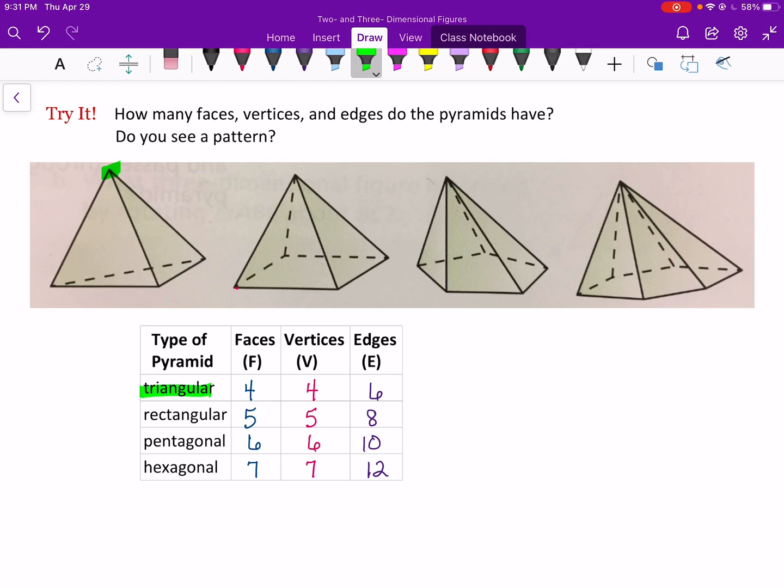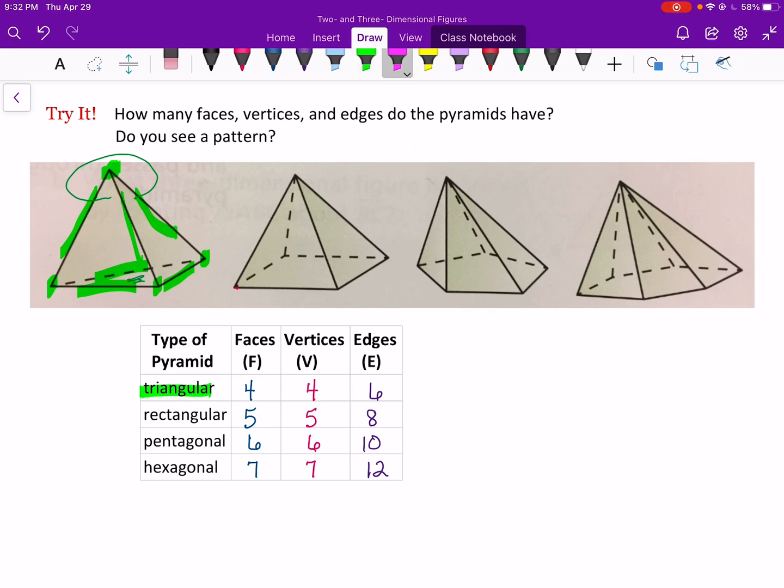The faces that go around the outside, so it's 1, 2, 3, and then the one on the bottom, so that makes 4. On the vertices, if you count each vertex, each point, there's 3 around the base and 1 at the top, so that makes 4. And then finally, edges, there are 3 edges around the sides, and then 3 edges around the base, and 3 plus 3 is 6.